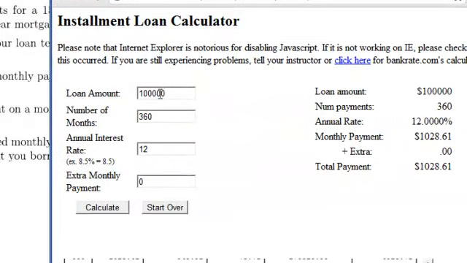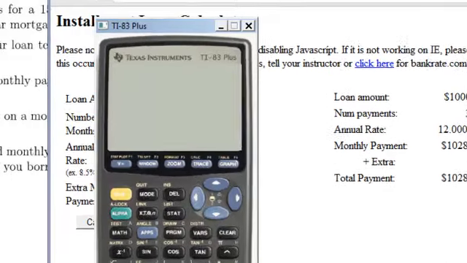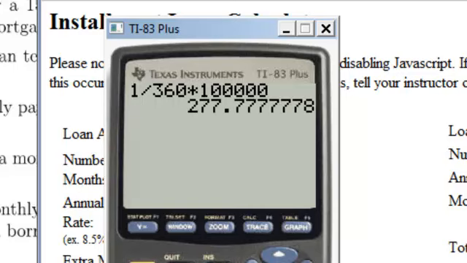Well, what is 1/360th of the amount borrowed? Take 1/360th of $100,000. Let's take out that calculator. Okay, turn it on. So 1 out of 360 of $100,000 is $277.